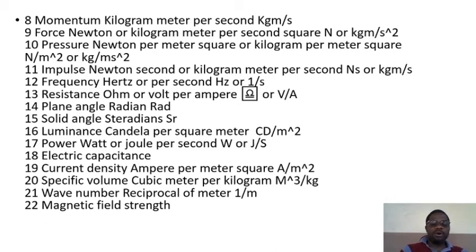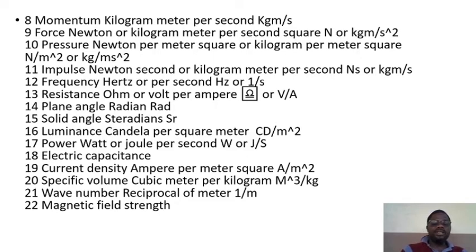Then we have the impulse. Impulse is measured in Newton seconds or kilogram meter per second, like that of momentum. Then we have frequency. Frequency is measured in hertz or per second.